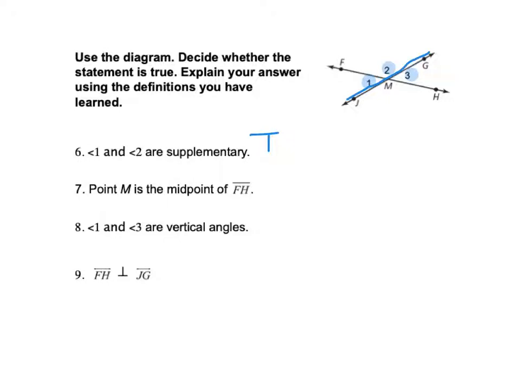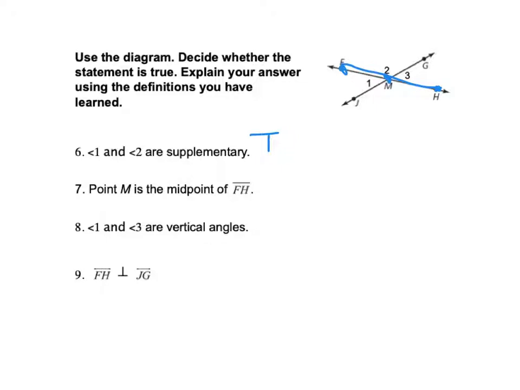The next statement says that M is the midpoint of FH. Here is segment FH, and here is M. It might look like it's the midpoint, but is there anything that says those two parts are the same, like FM is 10 and MH is 10?